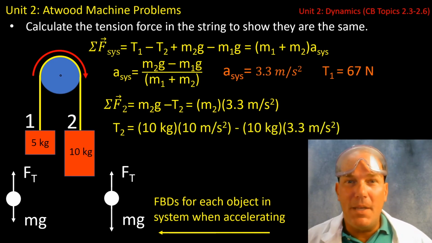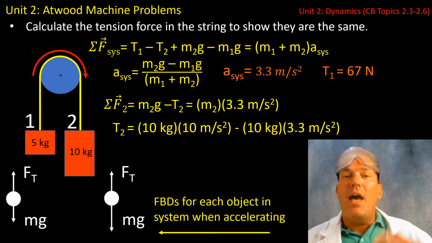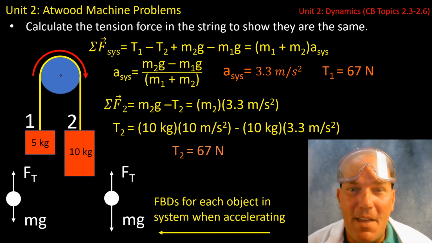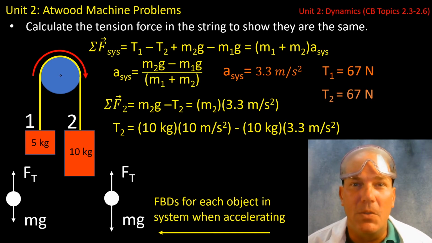So when I manipulate this equation to isolate the tension force 2, I can solve for it to get 67 newtons. In other words, they are the same in magnitude.